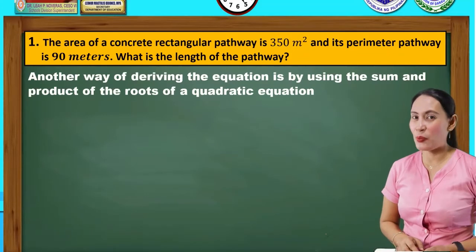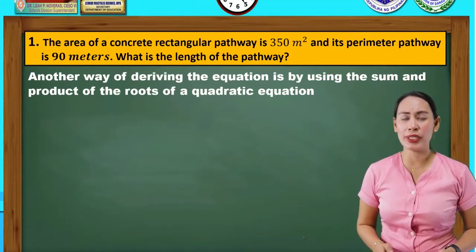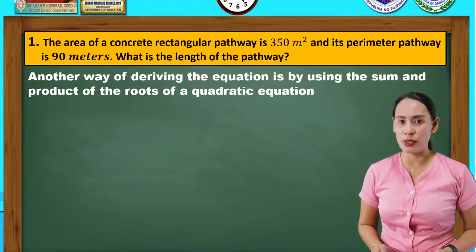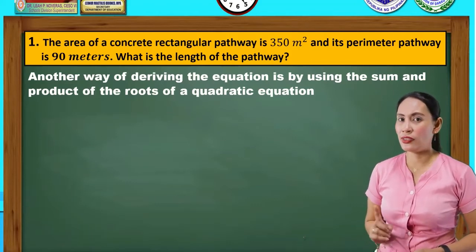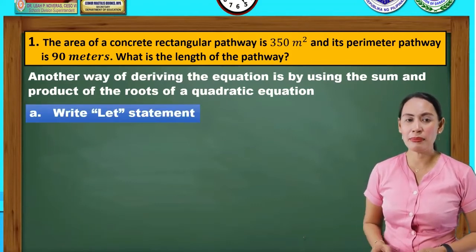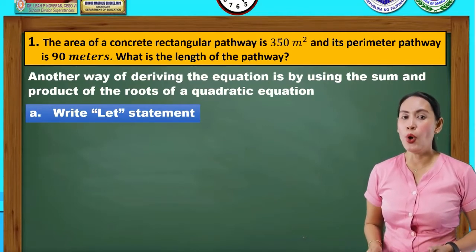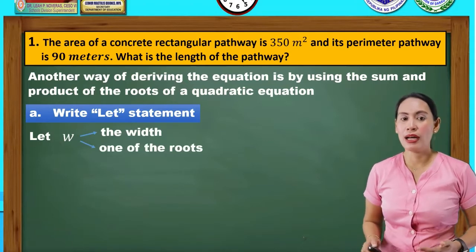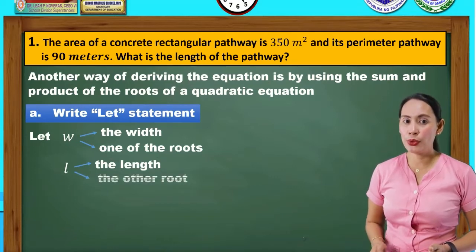Another way of deriving the equation is by using the sum and product of the roots of a quadratic equation. So here is the solution. Letter A, write the let statement. We will let W be the width, or one of the roots of the quadratic equation, and L be the length, or the other root.